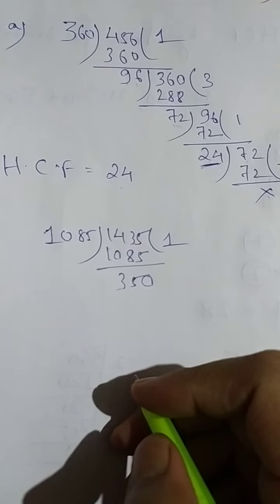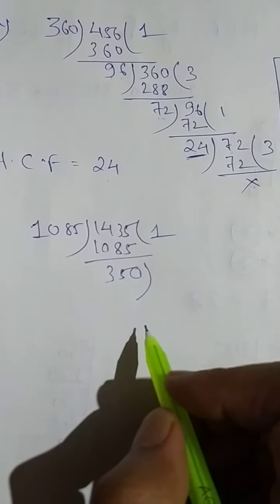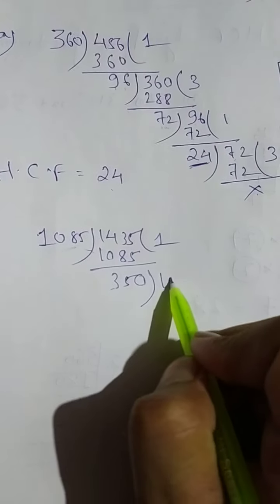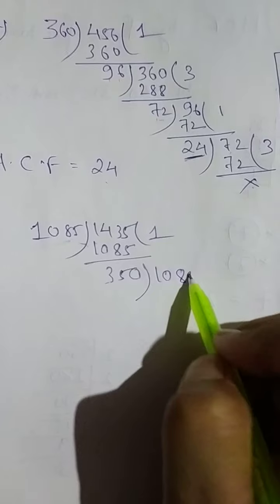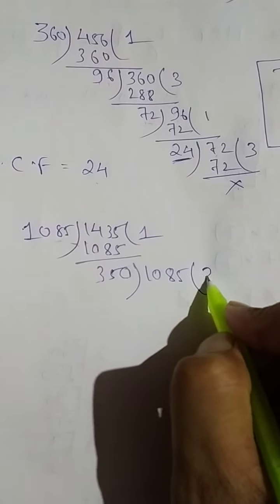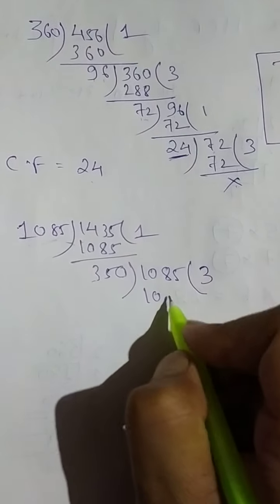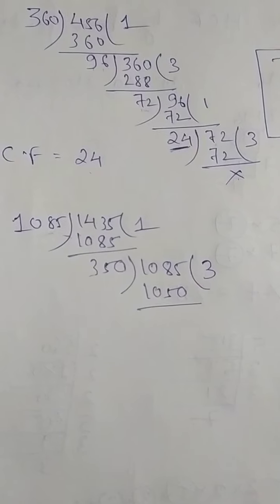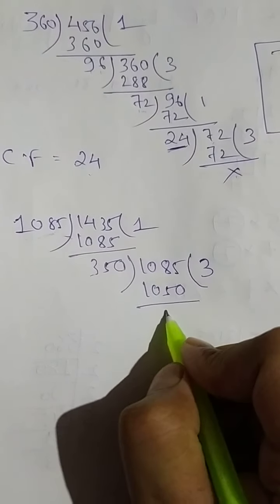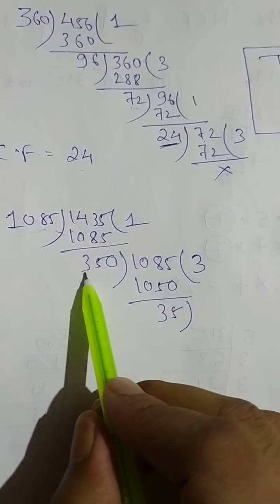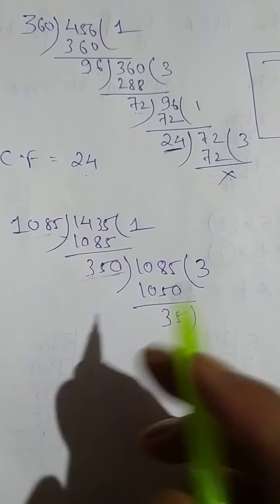Okay. After subtraction it is coming 350. Now give this divide sign, and what is the rule? This 1085 we have to write down here. Okay. Now 3 times 350 is 1050. So again, after subtraction, it will come 35. Now give this divide sign. You have to write down 350.